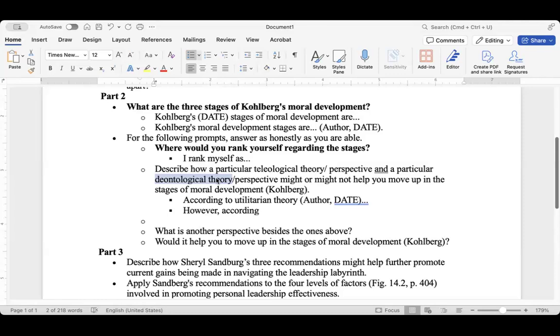All right, back to the ethics here. Well, it says a particular deontological theory. So we're going to have to cite a specific one. So we need an example here.